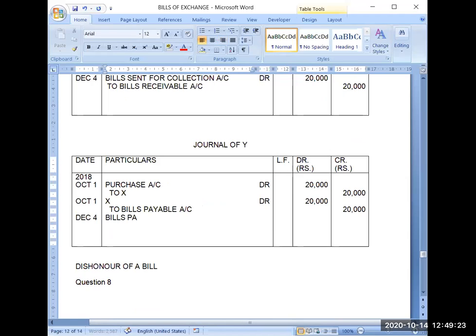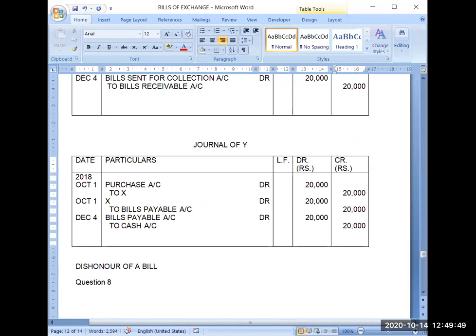Bills payable account debit 20,000 to cash account or to bank account, whatever you want to use, to cash account 20,000.